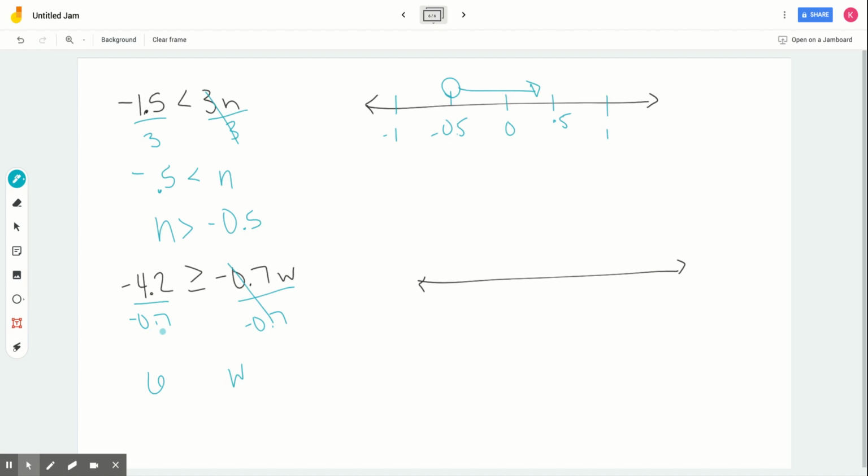Now keep in mind, when we divided by that negative, the inequality sign flips directions. We need to rewrite so the variable is on the left, and we end up with w is greater than or equal to 6. Since w is greater than or equal to, we need to go ahead and use that closed circle and shade to the right.